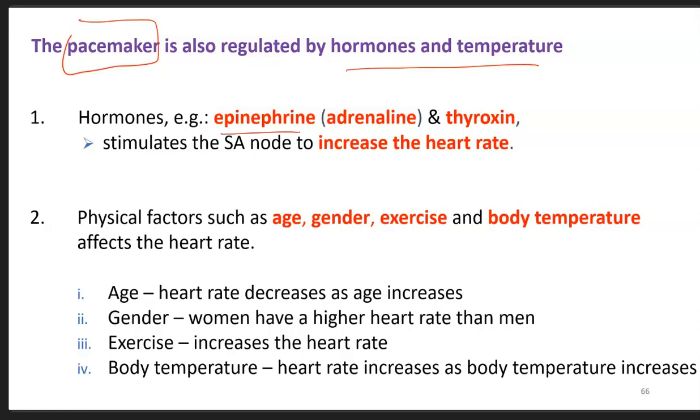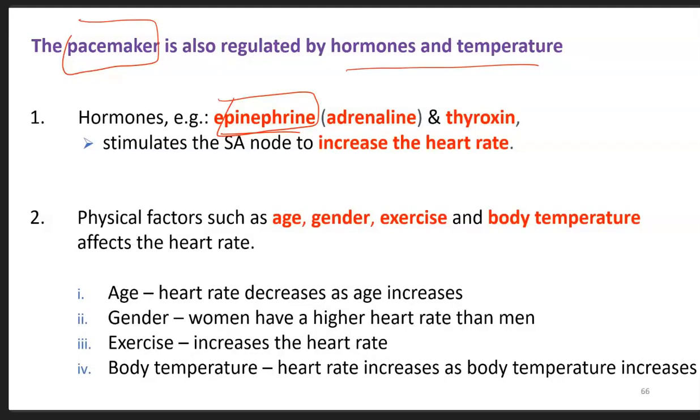So hormones such as epinephrine ataupun adrenaline and also thyroxine stimulate the SA node to increase the heart rate, okay. So kita belajar kan hormon epinephrine ni, which is released when you are feeling excited, dalam fight or flight tu kan, your body needs instant energy. So it also causes your heart to beat faster, to circulate more blood throughout the body, okay.